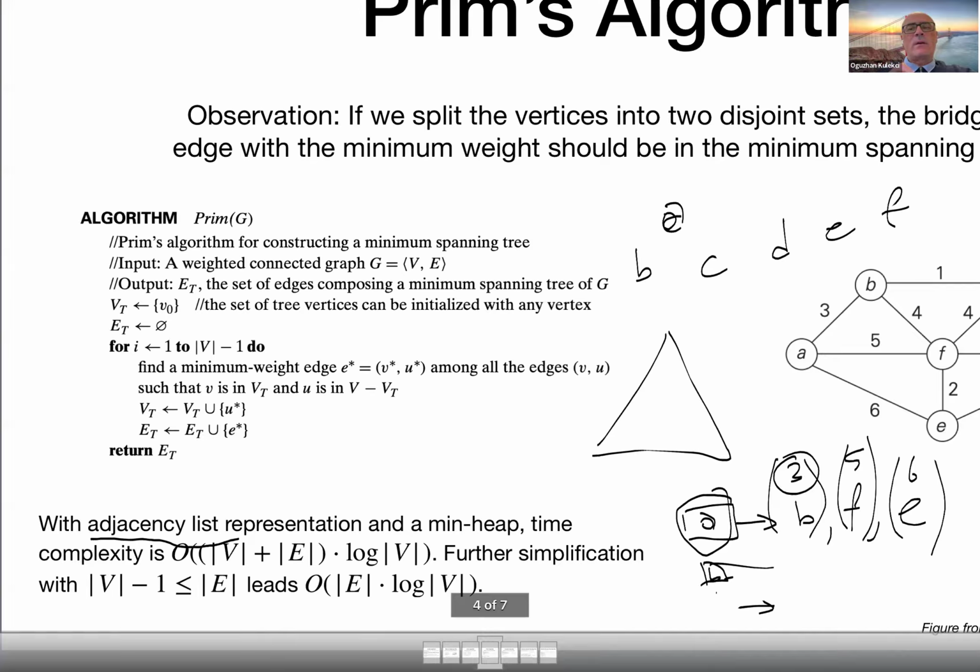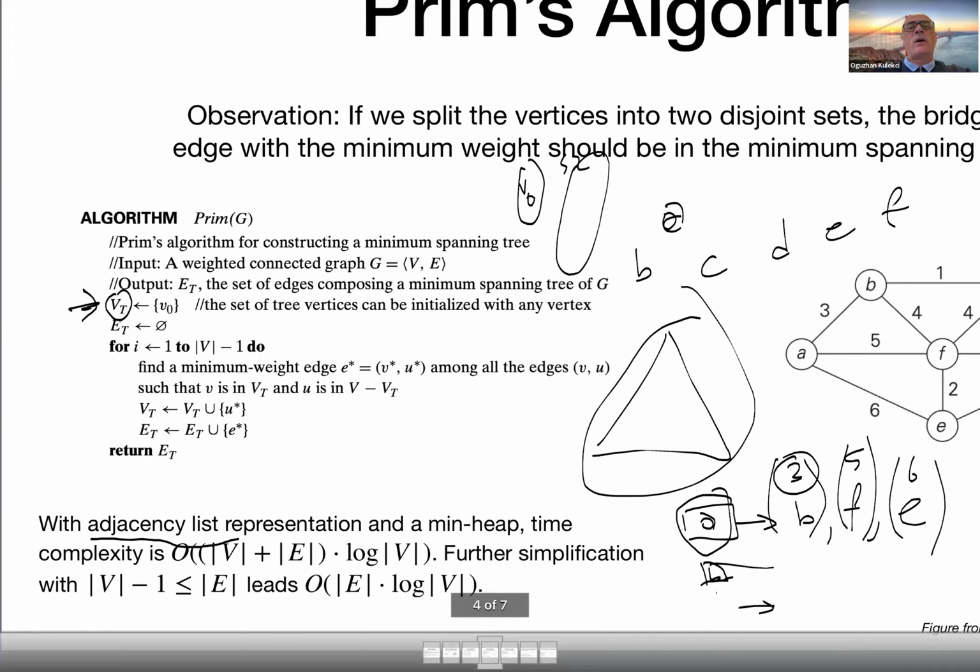So whenever we would like to continue this construction, what will happen is, initially I will start with V sub t, which represents the minimum spanning tree, the set 1, and I initiate set 1 with some randomly selected V0, and all the others are in set 2, and I have my priority queue.